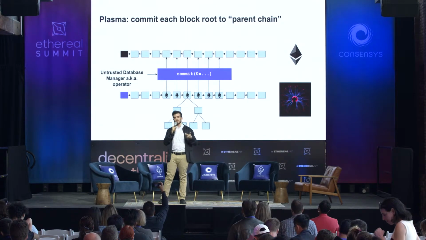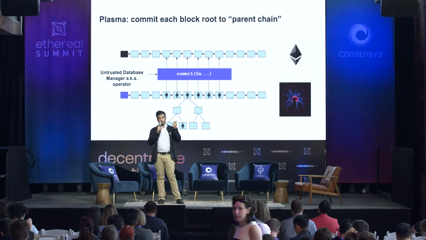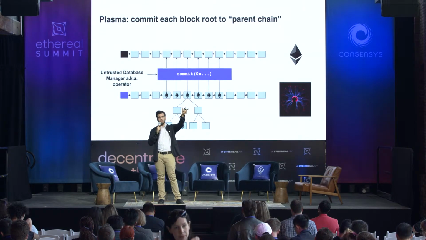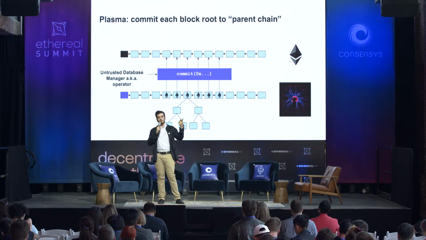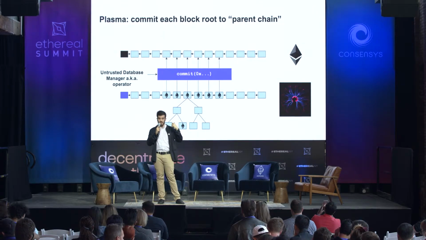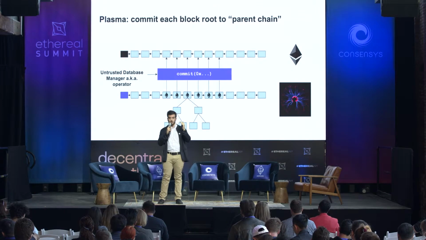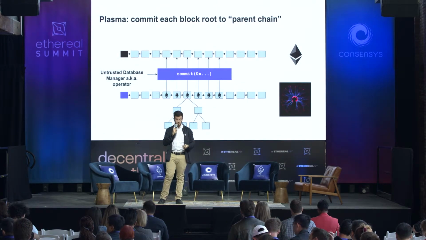Basically what you achieve is that you publish only 32 bytes of data on Ethereum, but those 32 bytes give you enough information, combined with the game that I described earlier, to be sure about the security of these transactions.